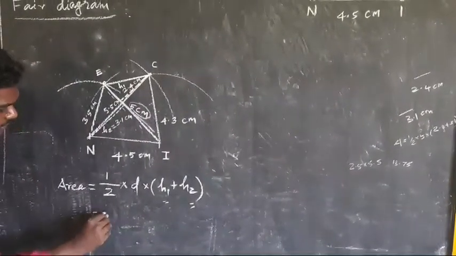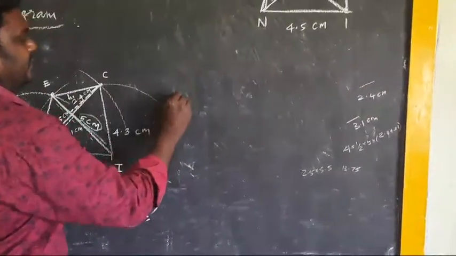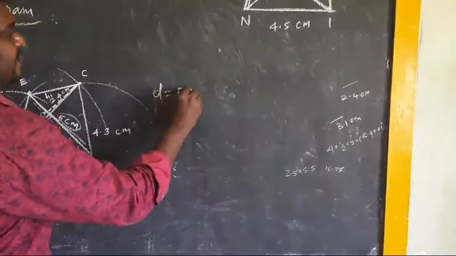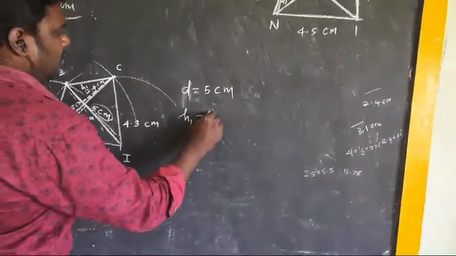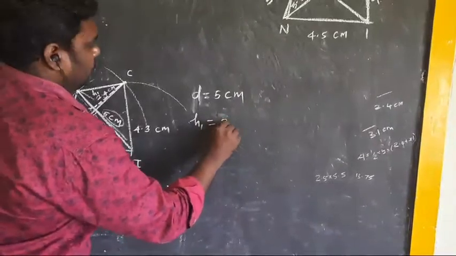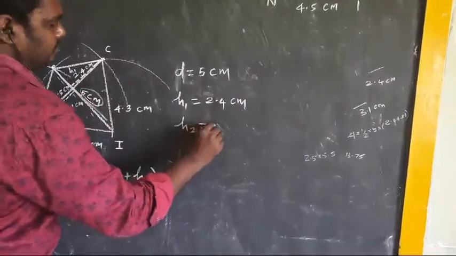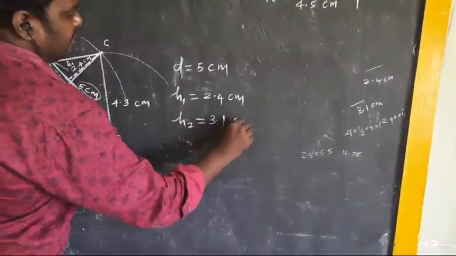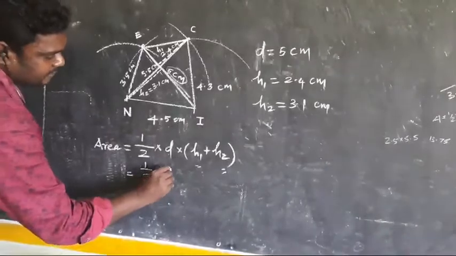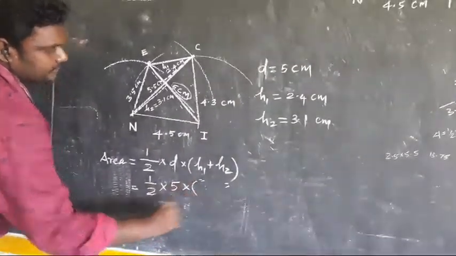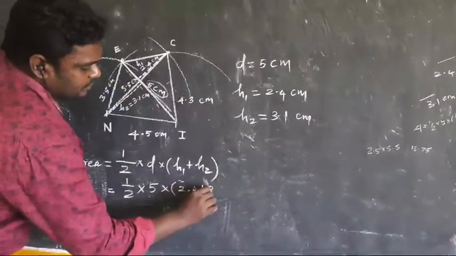So we know that here the d value is 5 centimeter, H1 value is 2.4 centimeter, and H2 value is 3.1 centimeter. So here, 1 by 2 into 5 into (2.4 plus 3.1).